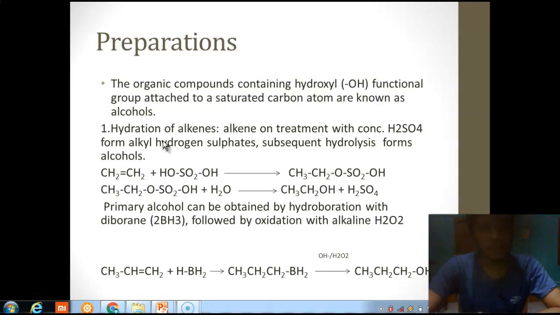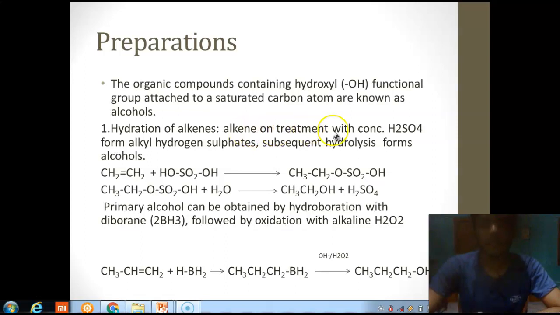The first method of preparation is hydration of alkene. Alkene we know is a double bonded organic compound, which contains a C double bond C, that is carbon double bond carbon.